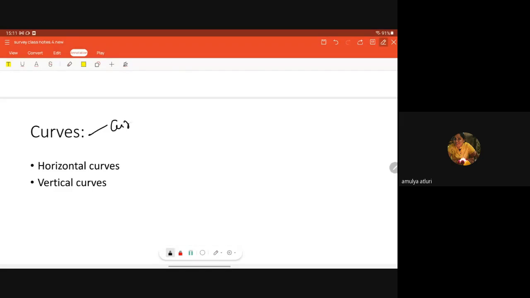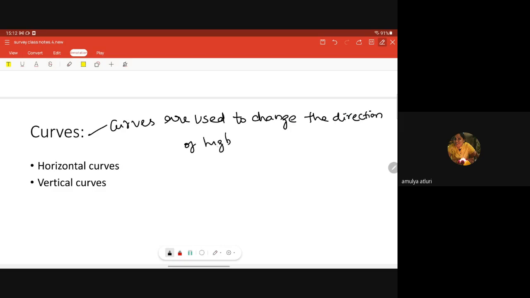Curves are used to change the direction of highway or railway. Got it? The curves are generally classified as horizontal curves and vertical curves.